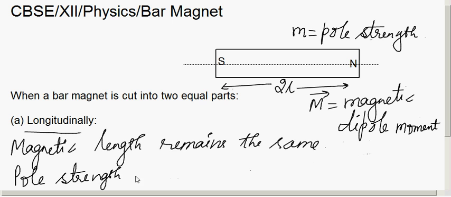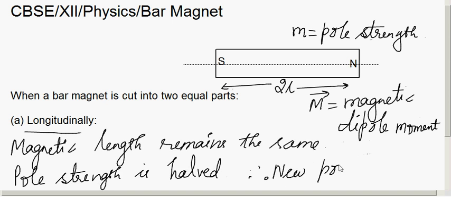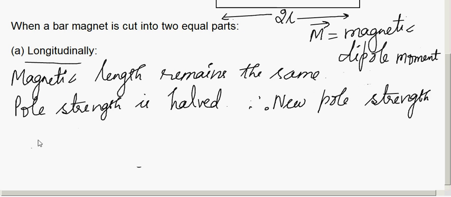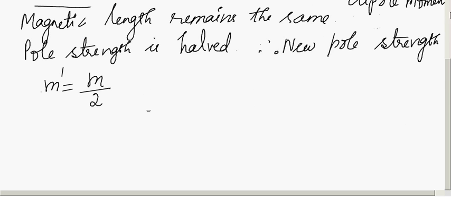Therefore, the new pole strength can be written as M dash is equal to M divided by 2. The new magnetic dipole moment is half of the previous one because the pole strength is halved.